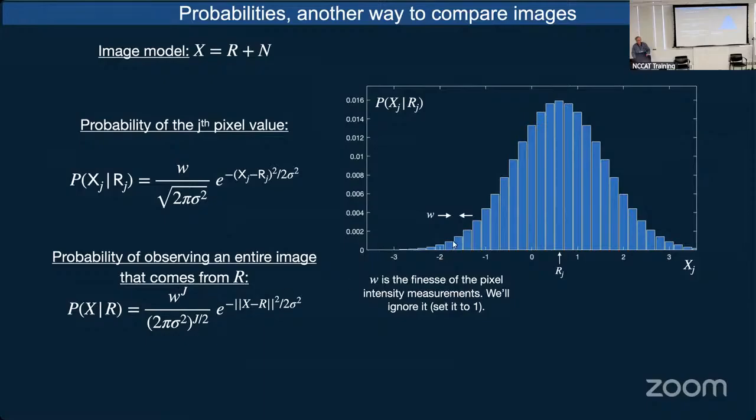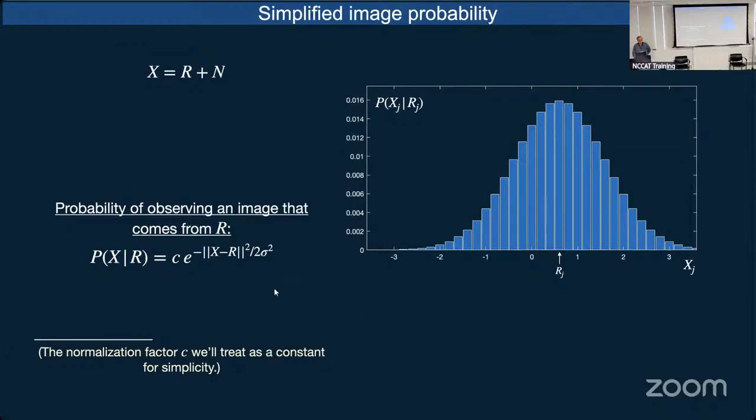Well, the value that I get in x sub j depends on the finesse of my measurement of the intensity in a pixel, and it depends on the standard deviation of the noise and so on. But as far as doing a comparison, I don't care about the finesse of the measurements. I can just say that it's a Gaussian distribution.